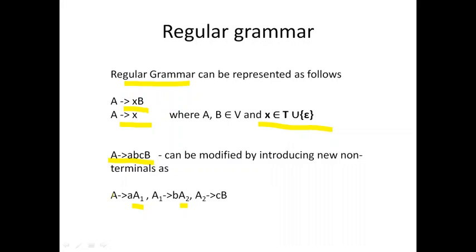The first production will be A giving small a A1, and now this A1 will give you small b A2, and this A2 will give you small c capital B. Okay. So by following this method, we can limit the number of terminals that appear in a right linear grammar to be at most one.